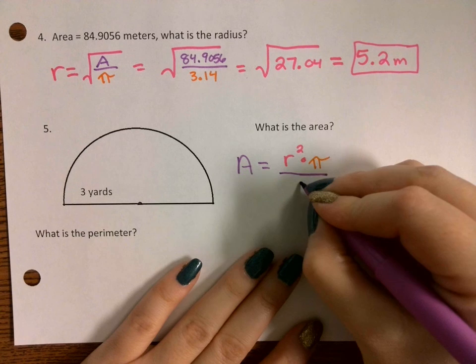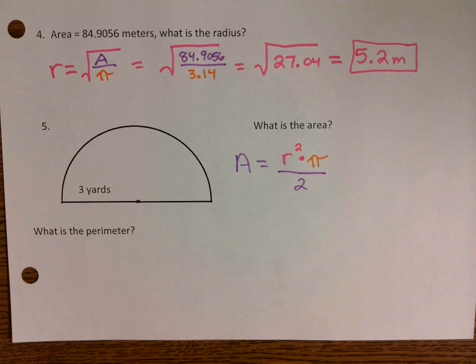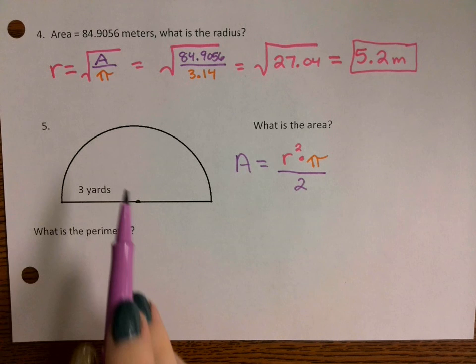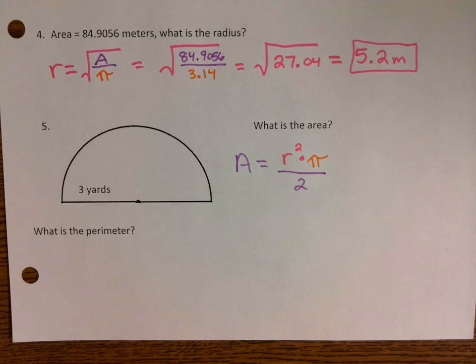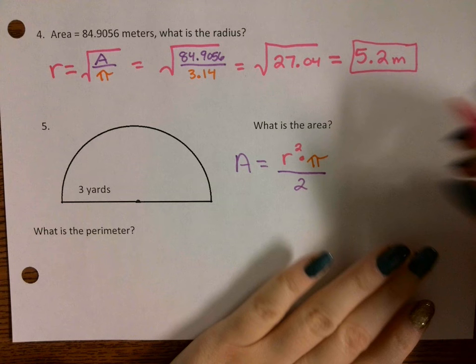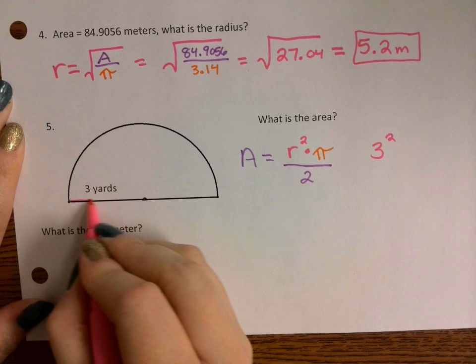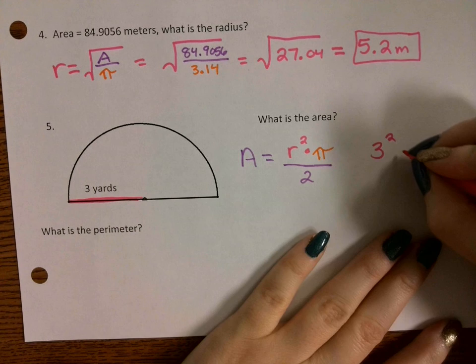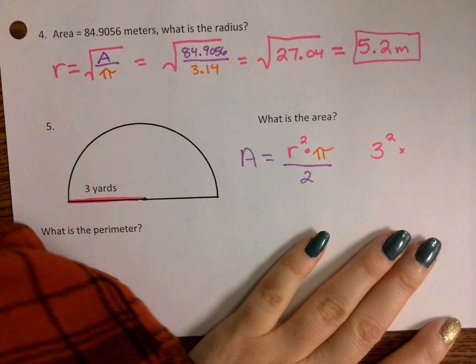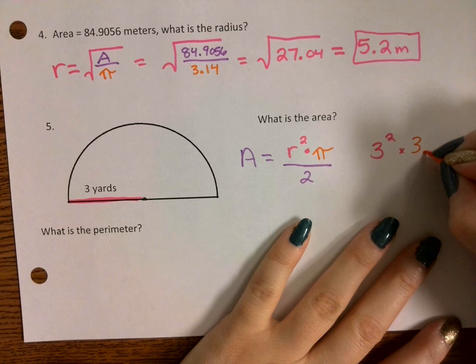This is an area of a semicircle. Semicircles are half of a circle. So we would just do 3 squared, because in this case, our radius is 3 yards. We're going to multiply that by 3.14, and then we're going to divide that final answer by 2.